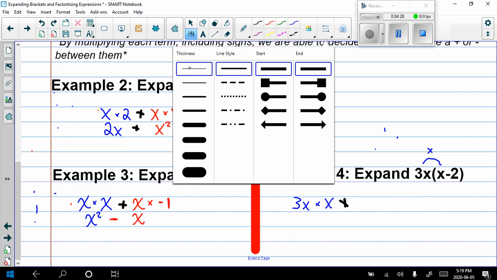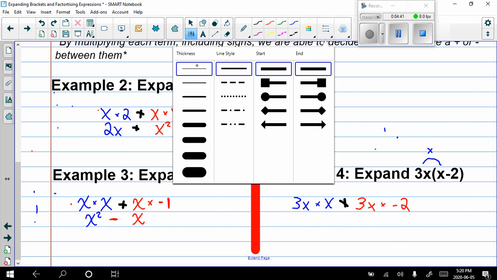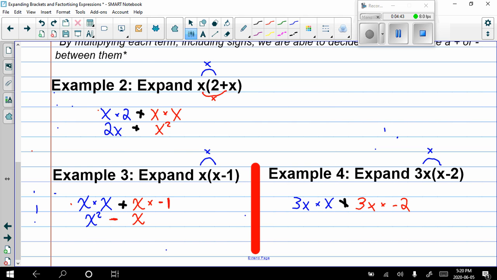And we're going to have 3x times negative 2. So on the left, we have x times x, which we know is x squared, and we have 3. And on the right side, we have 3 times 2, so we know we're going to have 6. And then we just have an x, right?